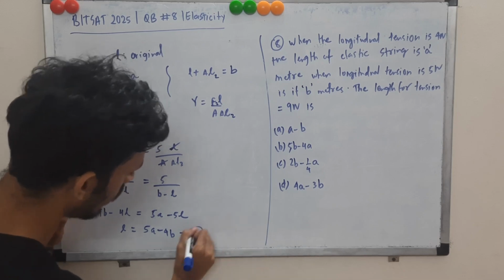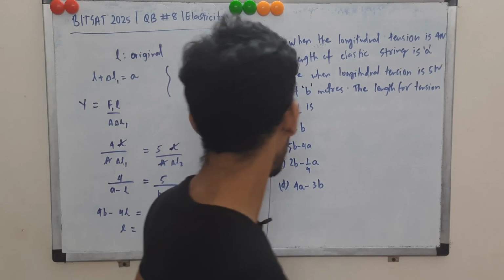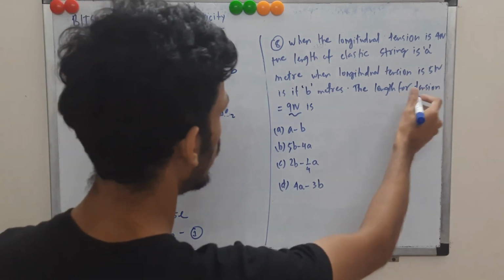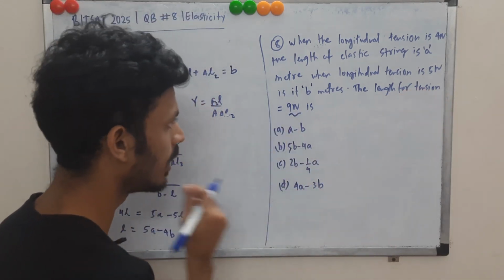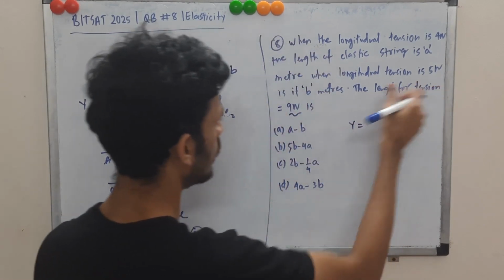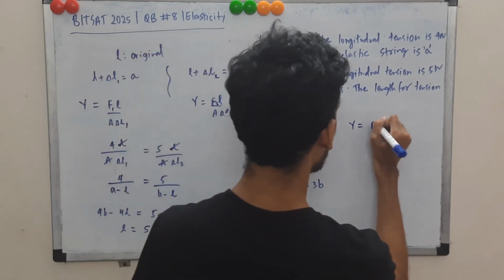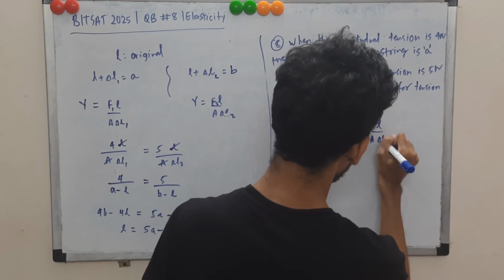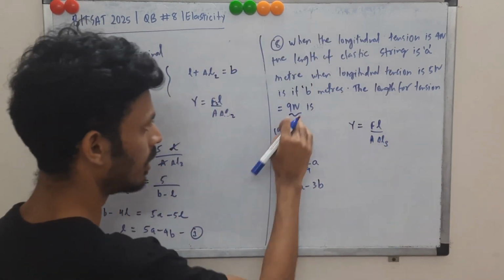Okay, let's denote it by 1, we'll use it somewhere. So from the length now, let us calculate the length for tension 9 newtons. You are supposed to find the length when the tension is 9 newtons. Again, L by A delta L, so here we will write delta L3 under 9 newtons.